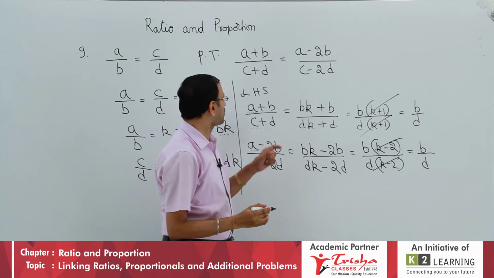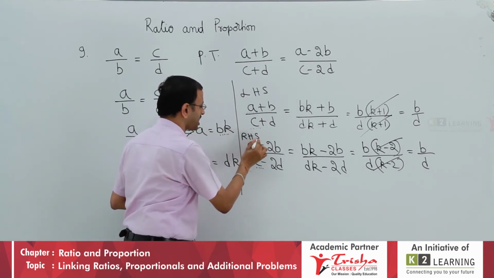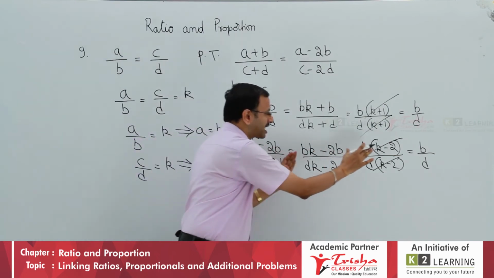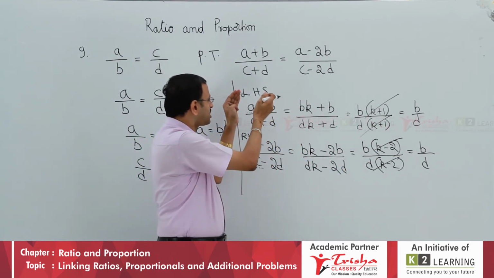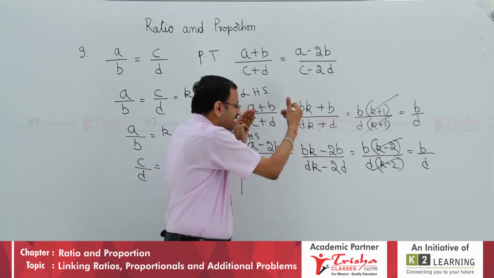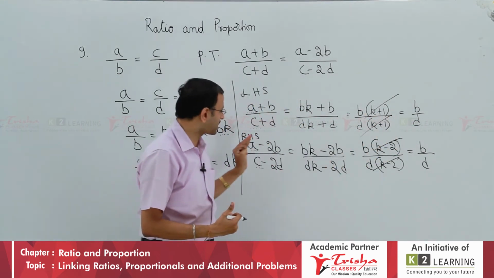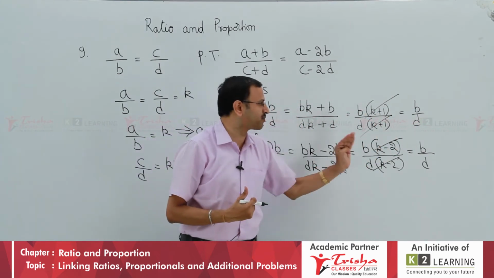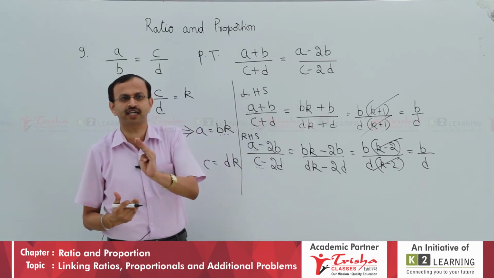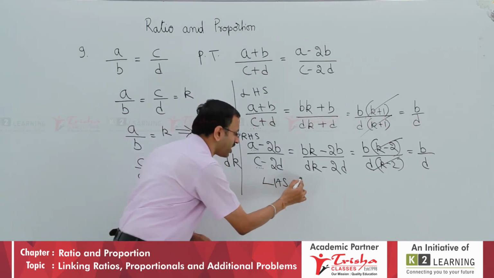Student, you can make out, taking the left hand side I arrived at B by D, and taking the right hand side and working it out, I will get the same. It is always advisable to write the left hand side in one part, then write the right hand side below it. You should write this step by step. Finally the left hand side arrives at B by D, and the right hand side arrives again at B by D. So the left hand side answer and the right hand side answer are the same. So LHS is equal to RHS.